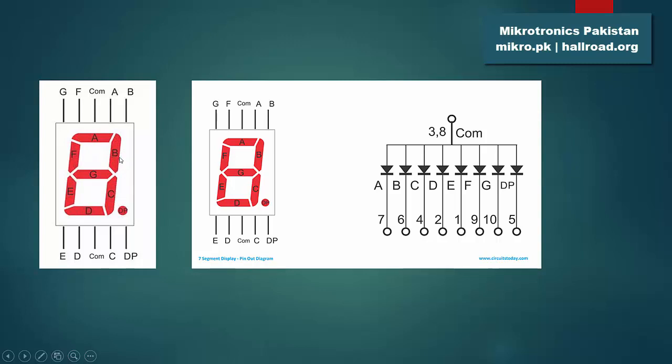You will never find that this segment is A and this segment is C, although these are individual LEDs, and you will have to figure out from the pinouts of your module which LED is which. But if you find a data sheet of these modules, you will always find that these segments have been labeled as A, B, C, D, E, F, and G, and DP for decimal point.